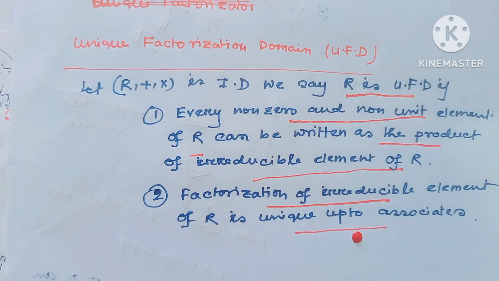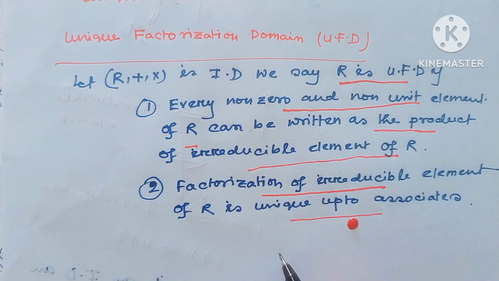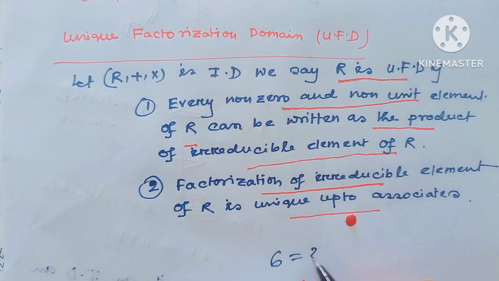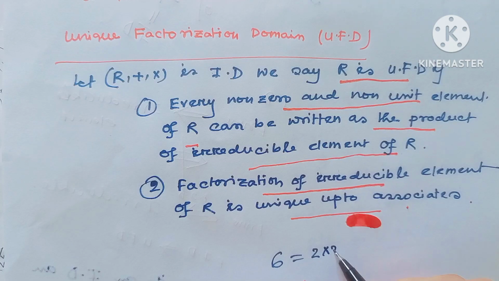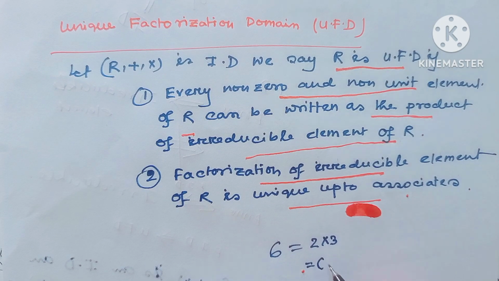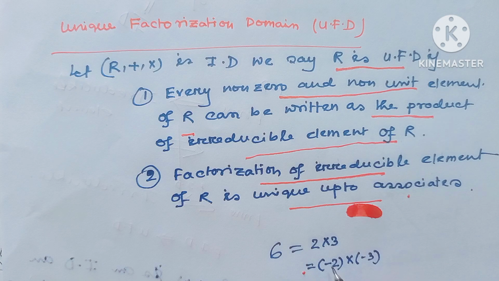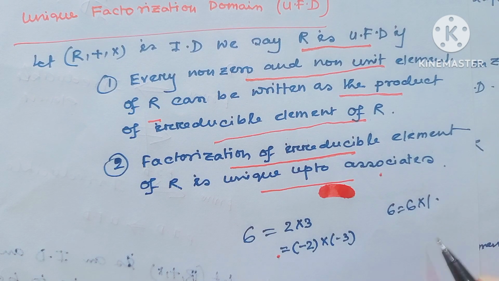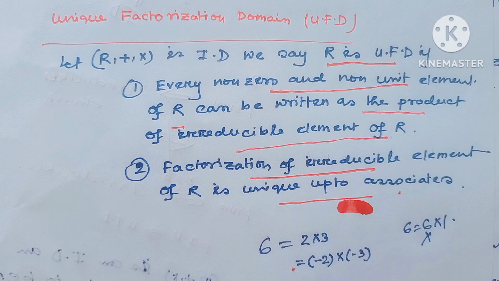As for example, in Z, consider the element 6. 6 we can write this as 2 times 3, or we can write this as minus 2 times minus 3. We cannot write 6 equal to 6 times 1 because 6 is not irreducible element.